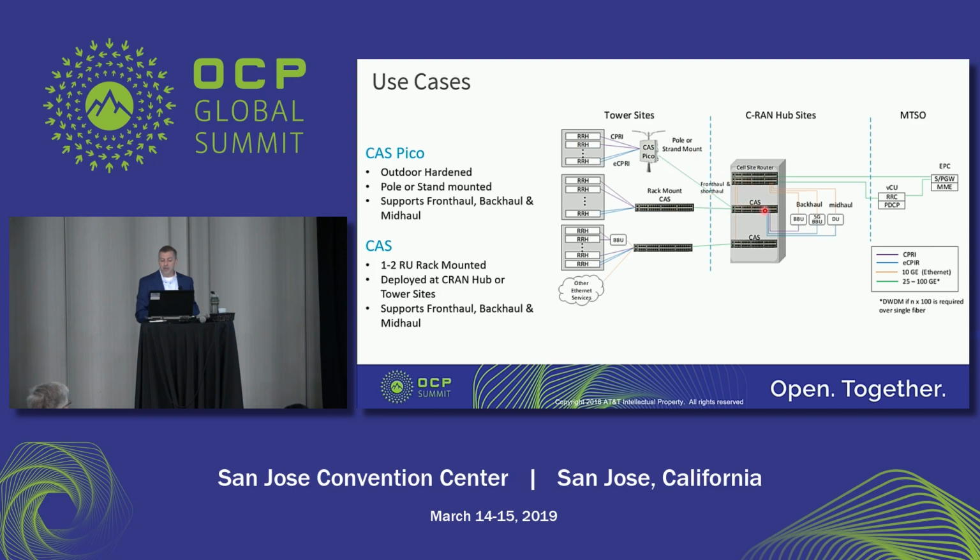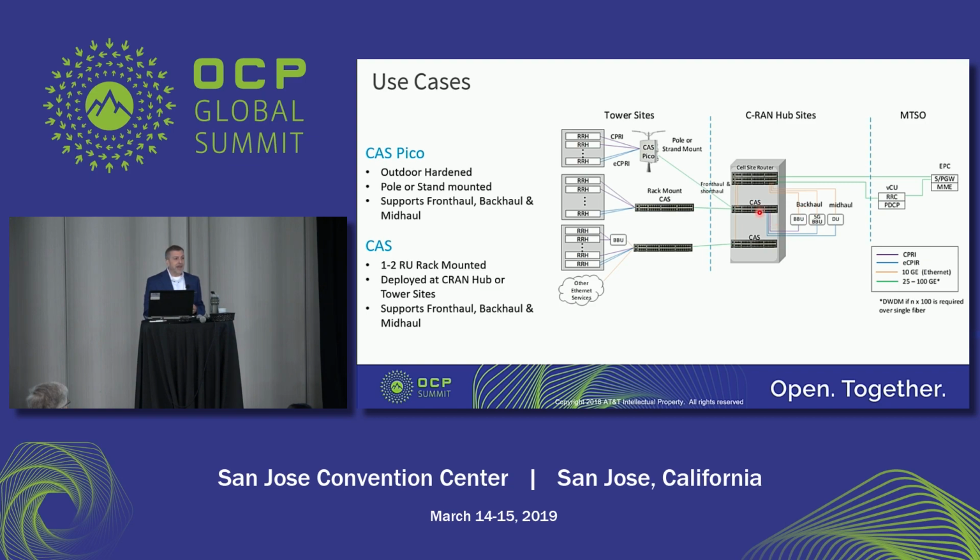So let's talk a little bit more about the CAS at the hub site. This 1RU device, to gain that capacity at the hub site, we would instantiate multiple versions. Depending on how large that hub could be, it could range into the hundreds of CAS devices co-located within this hub.